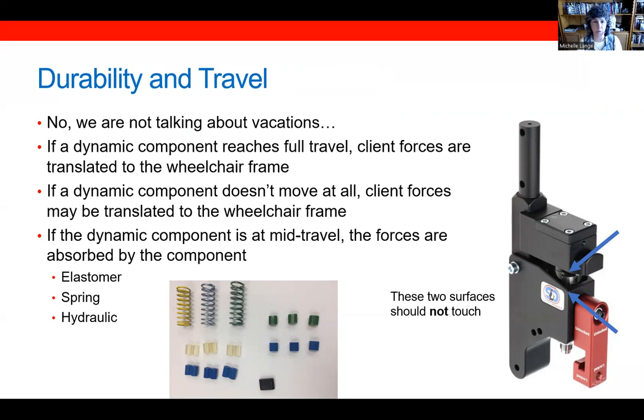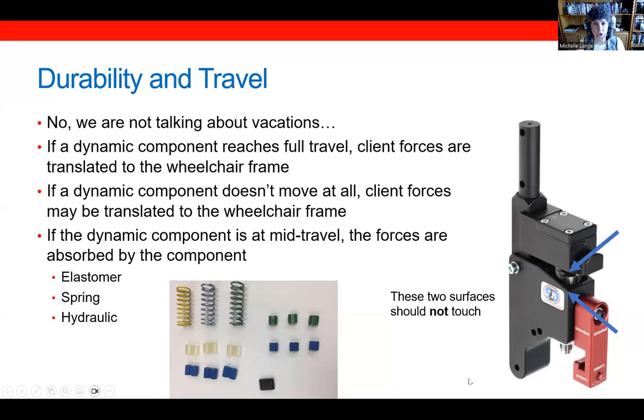If a dynamic component reaches its full travel, it can't move any further, then client forces sometimes can be translated to the wheelchair frame. Well, how does that work? Well, let's look at this picture here. On this picture, we have an elastomer in the middle of this dynamic rocker back. And you can see these arrows are pointing to the metal above and below the elastomer.